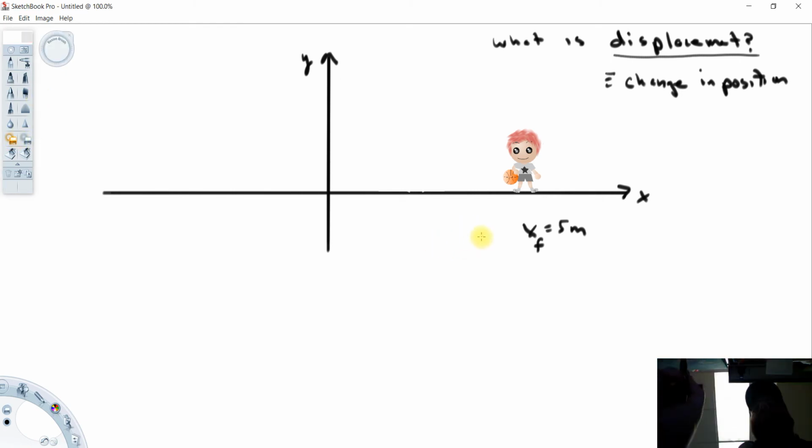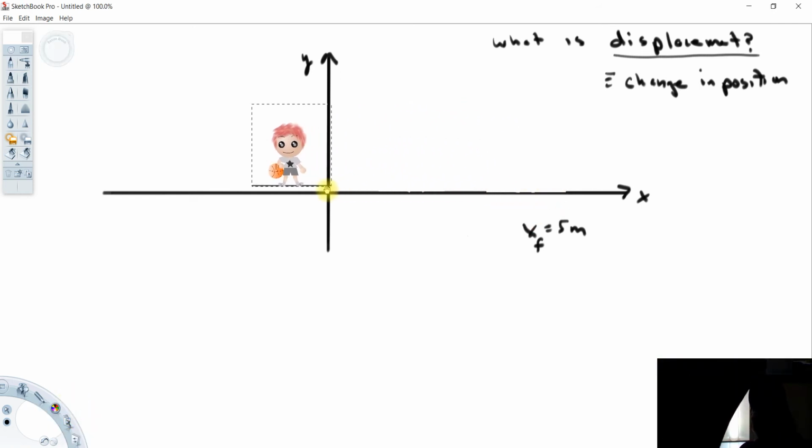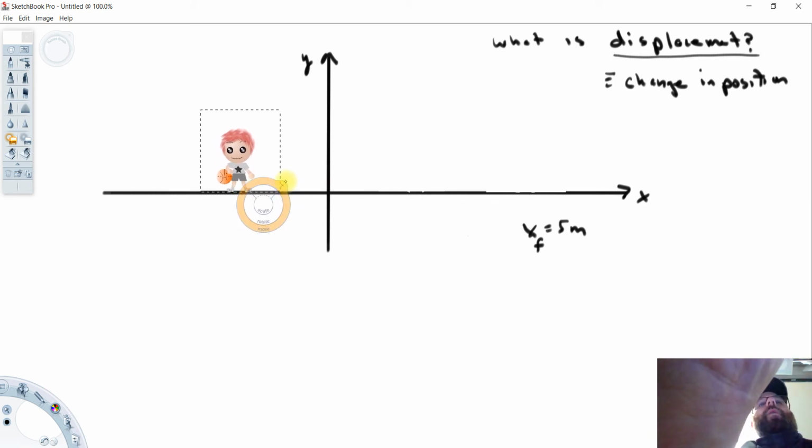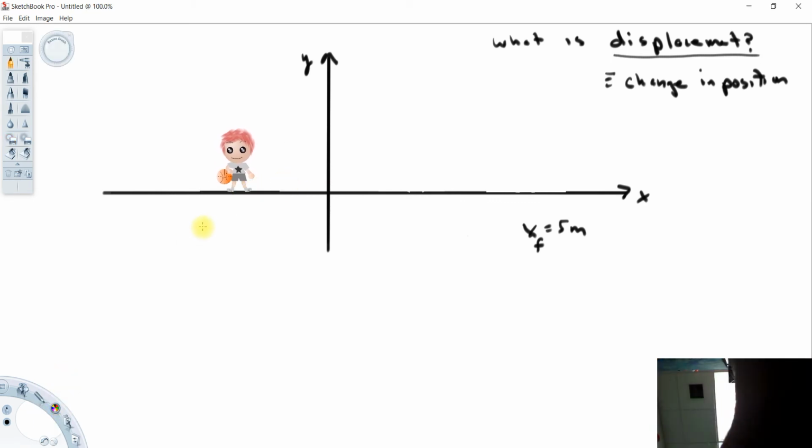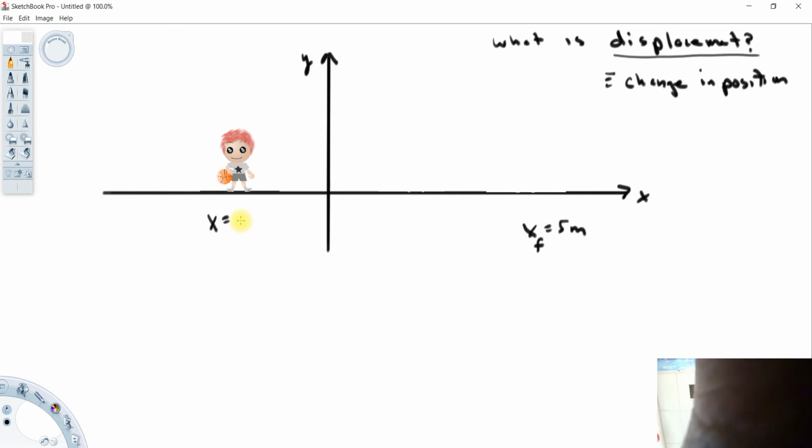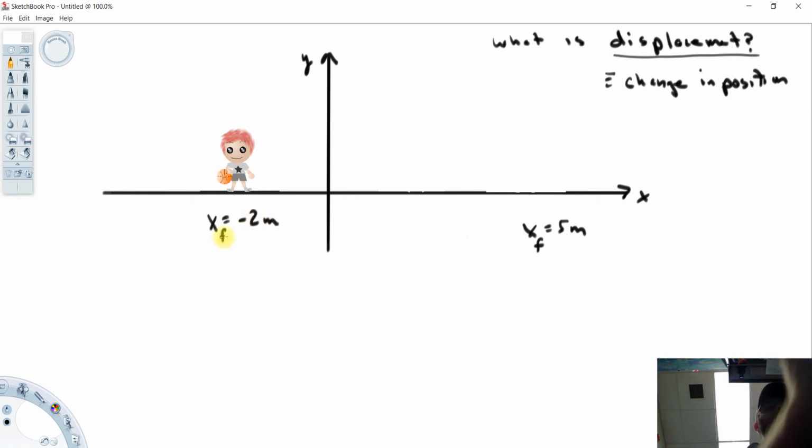We're going to imagine that Timmy starts out at 5 meters and then walks over to here, where Timmy's final coordinate maybe is something like 2 meters to the left, or negative 2 meters. Now this is now our final x coordinate.